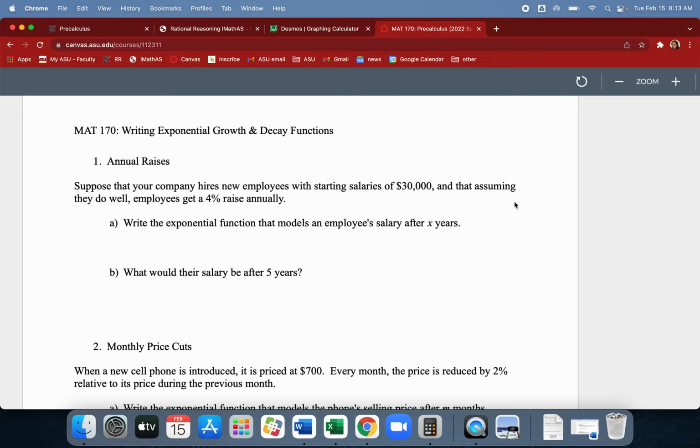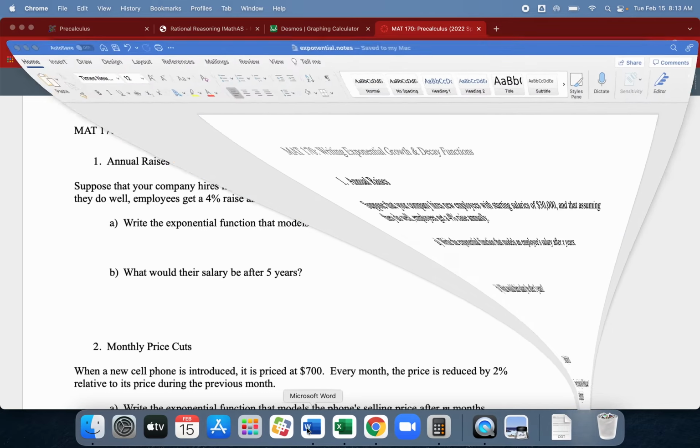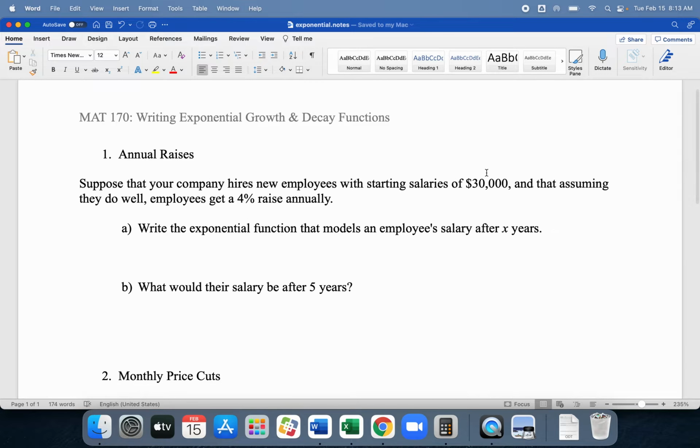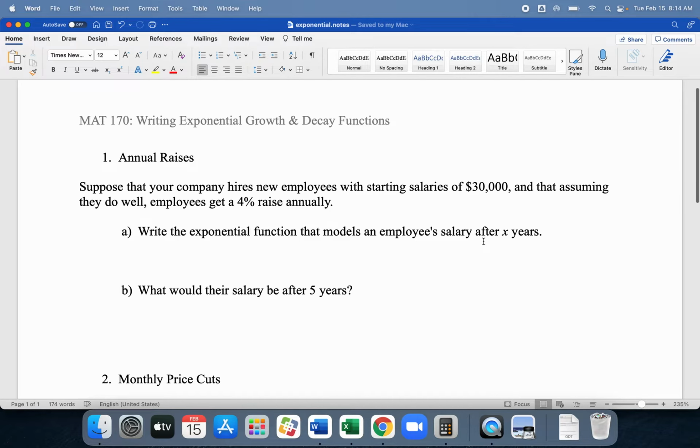But this first one, suppose your company hires new employees with starting salaries of $30,000. Assuming they do well, you get a 4% raise annually. So if I want to write a function that models your salary after X years, now I'm going to pull up one that I can type on. So it's an increase, right?